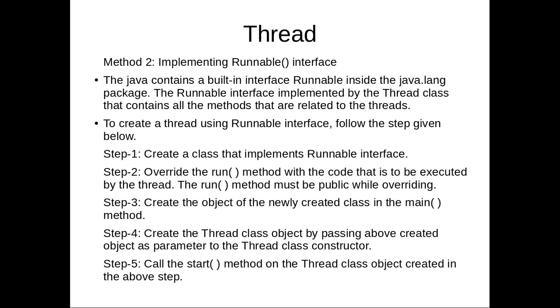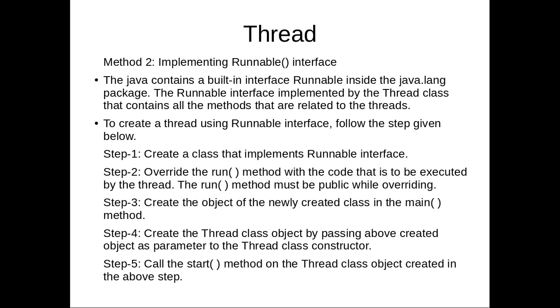Java contains a built-in interface, Runnable, inside the java.lang package. The Runnable interface is implemented by the Thread class, which contains all the methods that are related to threads. To create a thread using the Runnable interface, follow the steps given below.